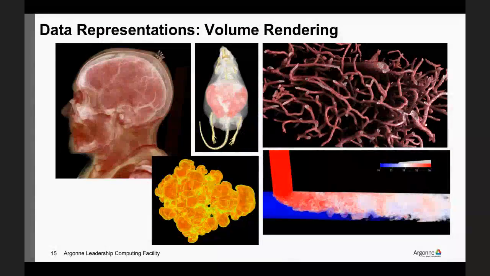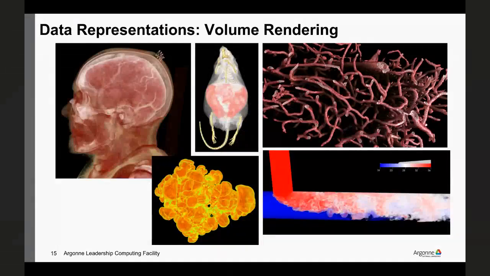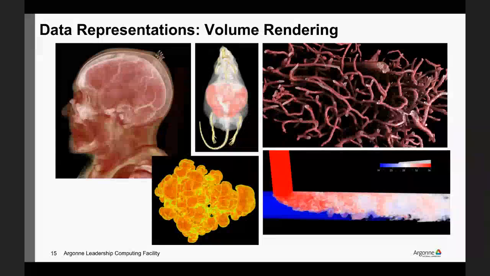So for volume rendering, these are things like MRI or CT scans, as well as, for example, we have the Advanced Photon Source at Argonne, so large scale X-ray tomography and things along those lines.